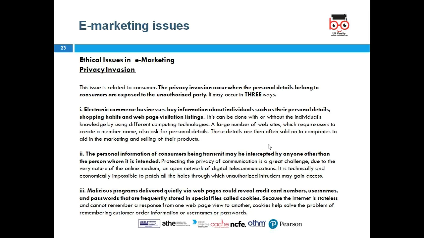That's right. Then privacy invasion is basically when personal details belonging to the customers are exposed to an unauthorized party. It happens. E-com businesses sometimes buy individual details. You never know, but you always get calls from accident companies and other related things. So while you are in business, privacy invasion happens.